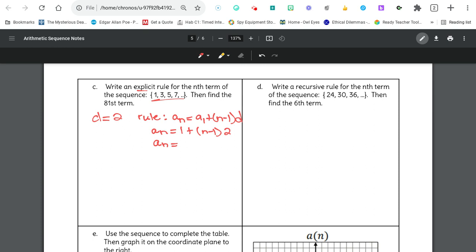So the rule is a sub n equals 1 plus 2n minus 2. So you end up with 2n minus 1 for your rule. And then, of course, you want to look for the 81st term. So a sub 81 equals 2 times 81 minus 1.